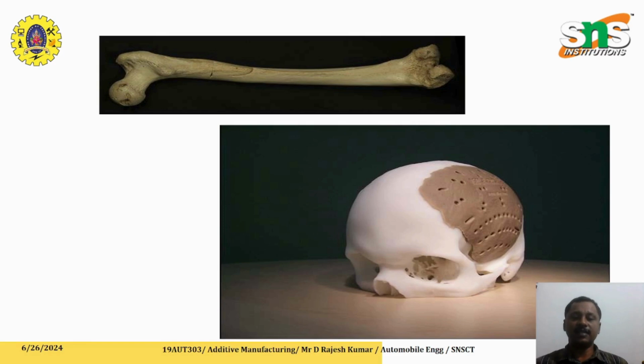These are examples of the application of additive manufacturing. You can see here a bone part is replaced by an additive manufactured part. This is the creativity in this technique. You can use any kind of material, either a metallic material or a bio based material, according to the requirement.